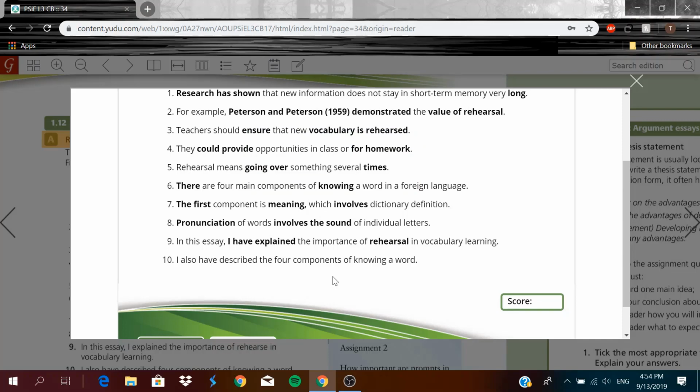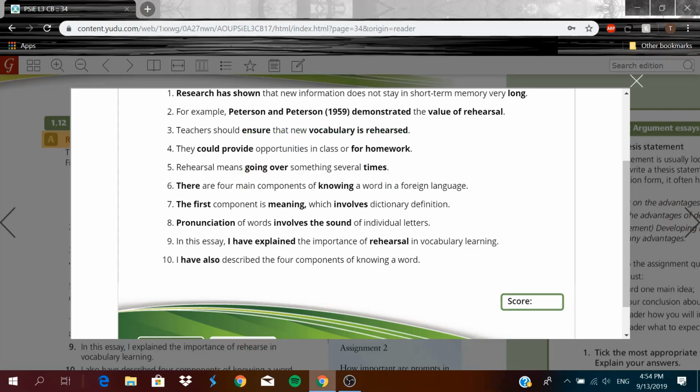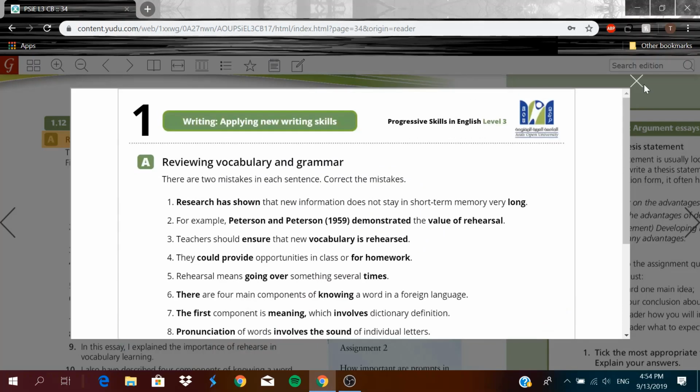And finally, number 10, I also have described the 4 components of knowing a word. Again, we're going to switch these, so also and have are going to be switched. So we'll say I have also described the 4 components of knowing a word. Okay, so that was reviewing vocab and grammar.